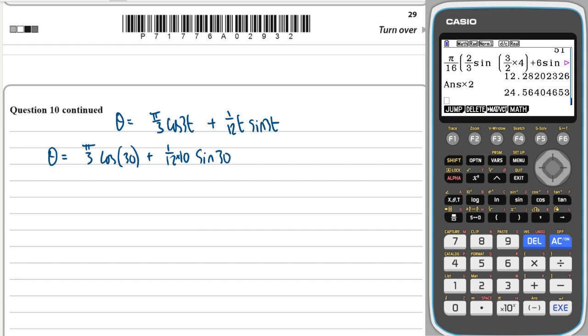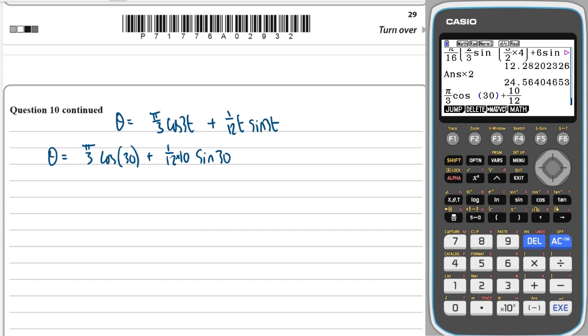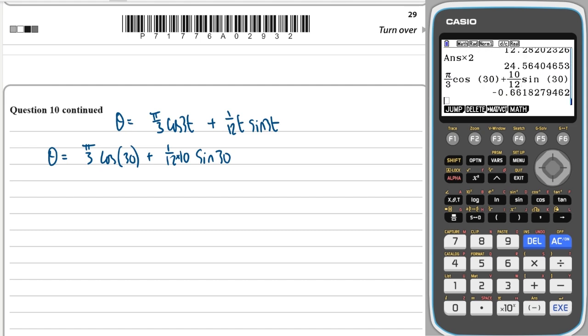Go to my calculator and type it in. Okay, great. So I get that theta is equal to minus 0.6618.